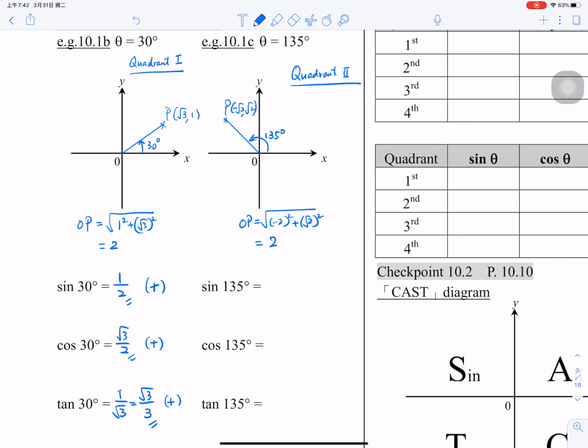Sine 135 degrees equals y over r, root 2 over 2. Cosine 135 degrees, x over r, so negative root 2 over 2. And tangent, y over x, equals negative 1. So you see that this one is positive, this one negative, and this one negative, right?